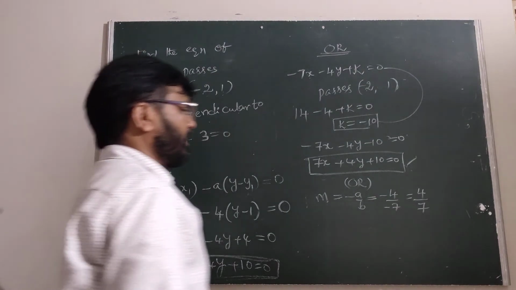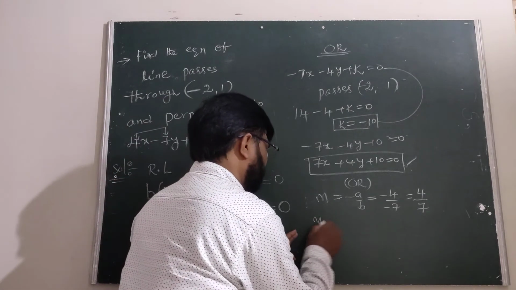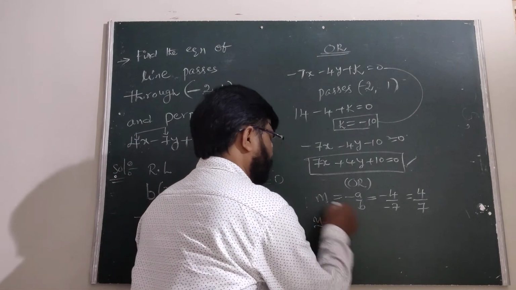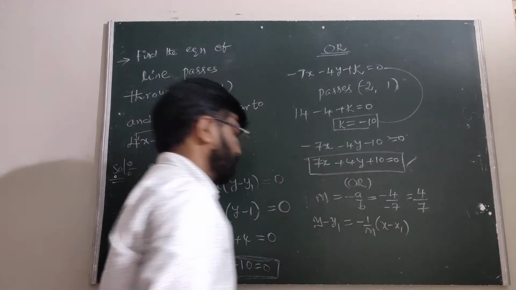Now the required line is perpendicular to the given line. When it is perpendicular, we have to take y minus y1 equal to minus 1 by m into x minus x1.